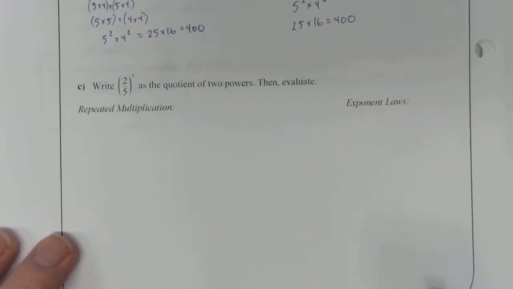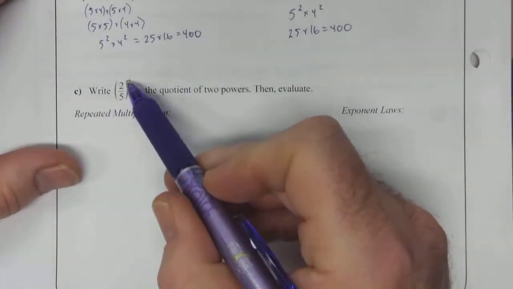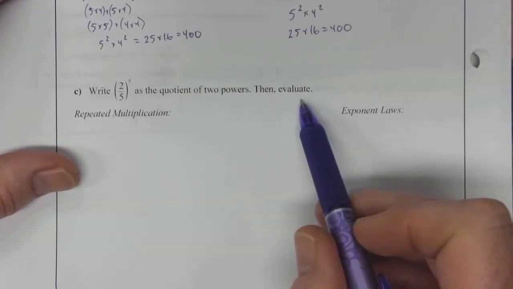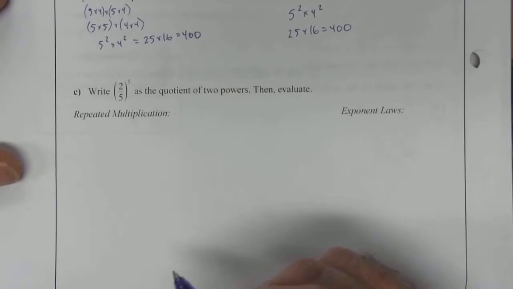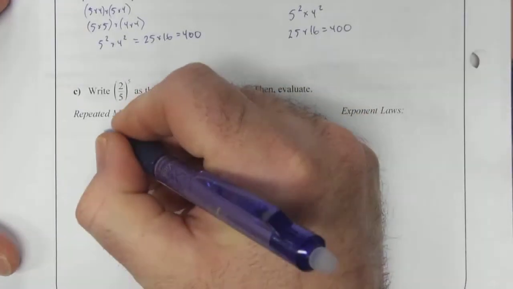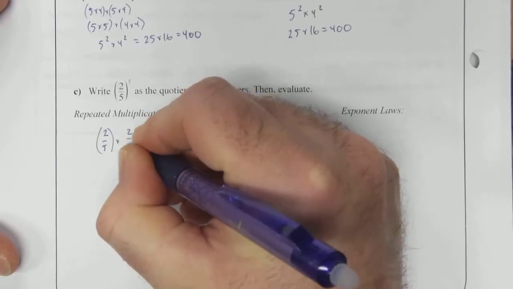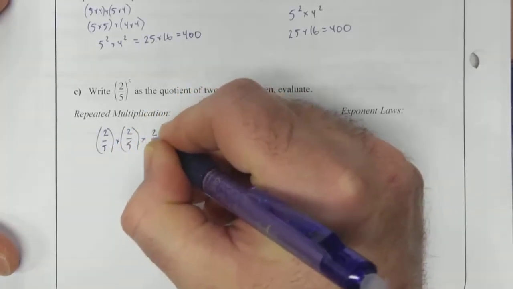Lastly, part C, write 2 to the 5th, to the power of 5, as the quotient of 2 powers, then evaluate. So we can write that as 2 to the 5th times 2 to the 5th, and we'll do this 5 times.